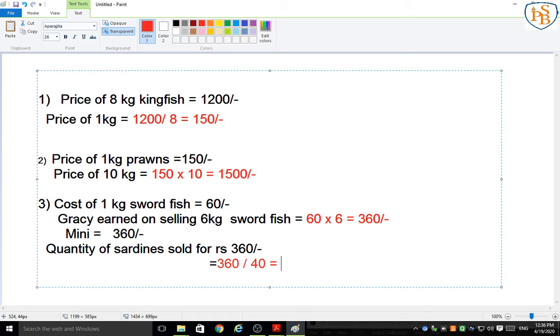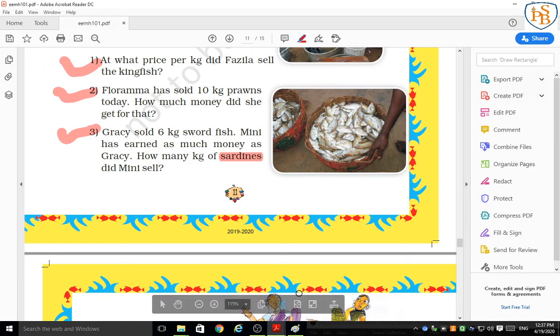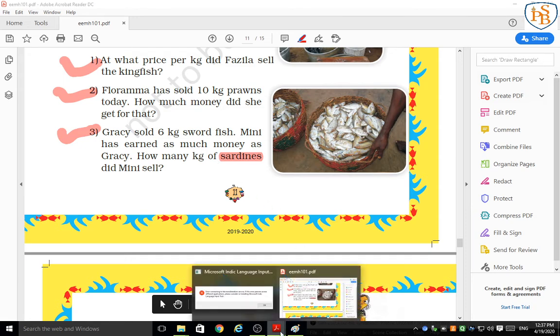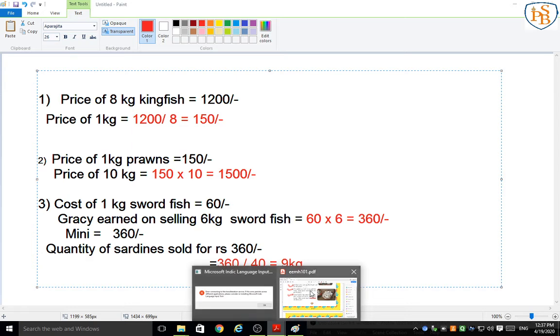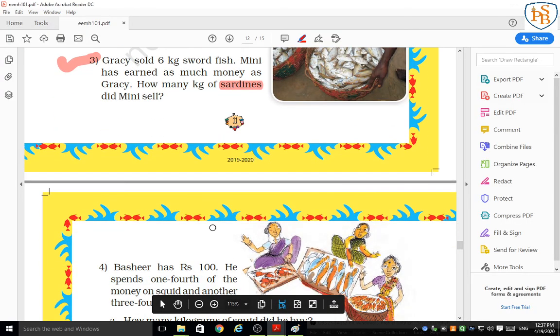So the total answer is, 0 0 cancel, 4 9s are 36. So what is the answer? Mini can buy 9 kg of sardines for rupees 360. Correct? Hope your answer is correct.